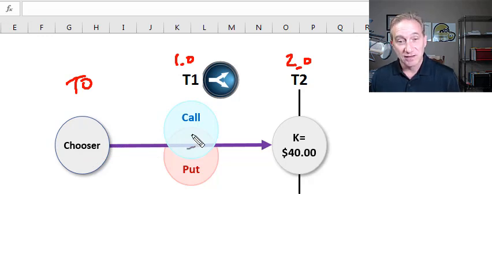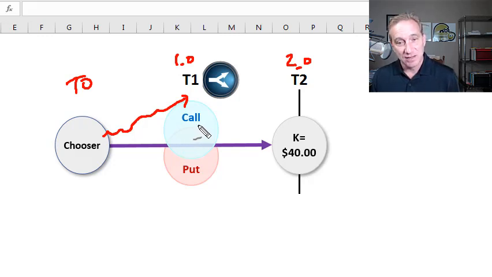That's why it's also called an as-you-like-it option. For example, if after T0 the stock price increases, and we get out to 1 year and it's higher, then we're going to choose the as-you-like-it option to be a call option.